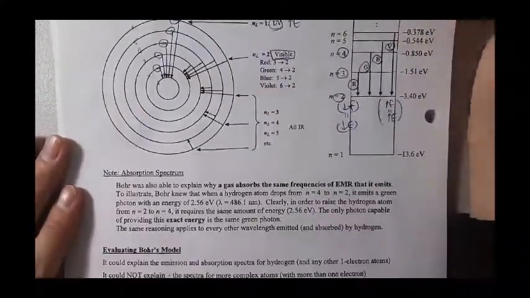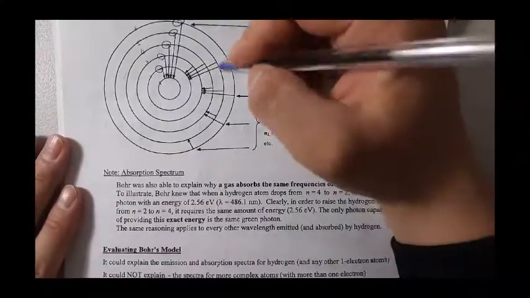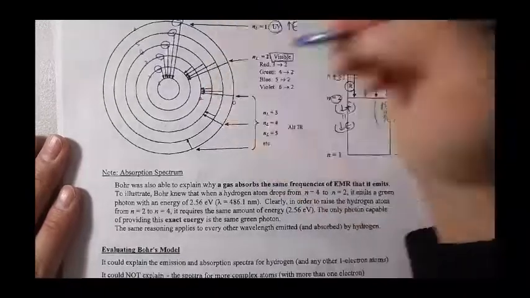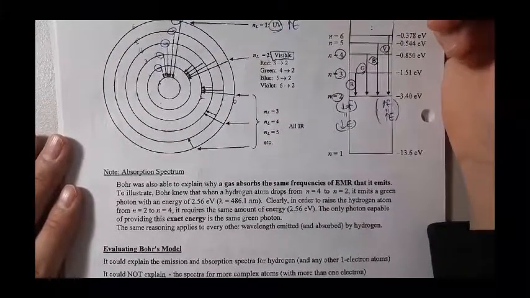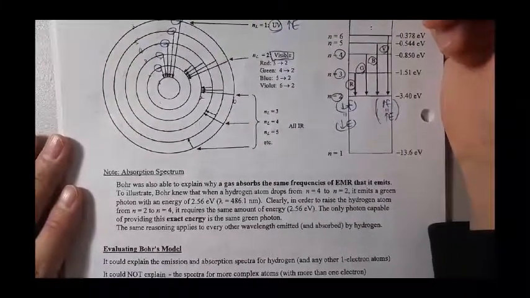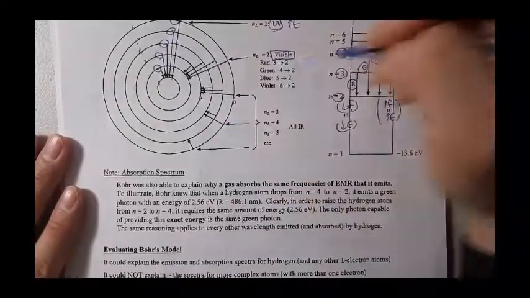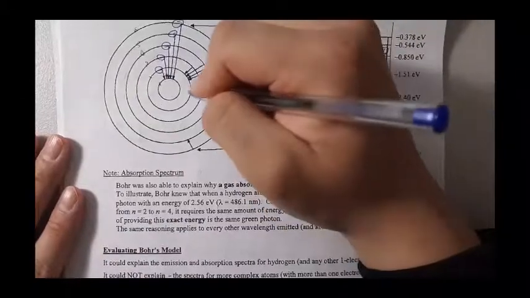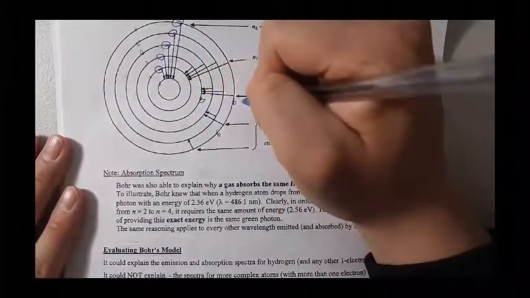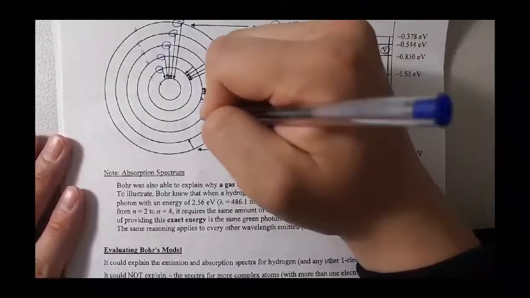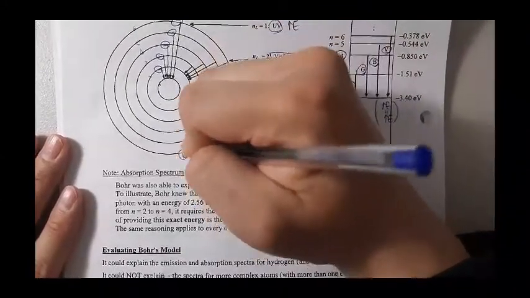On the other hand, some of them that show, Mr. Kim, what about the one that has 6 to 2? It doesn't go to the ground level. Actually, sorry, 6 to 2 was violet. Oh, this is the one. 6 to 3, I cannot count. 3, 4, 5, 4, 6, and 5.